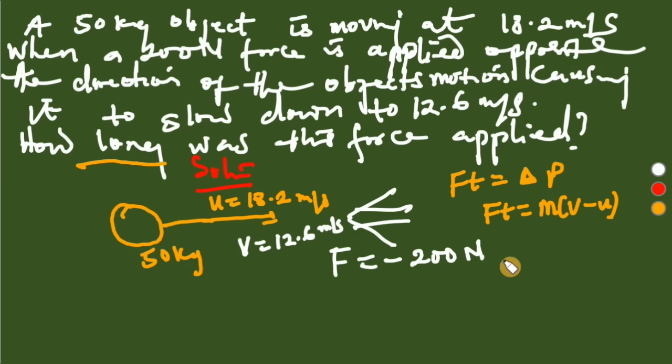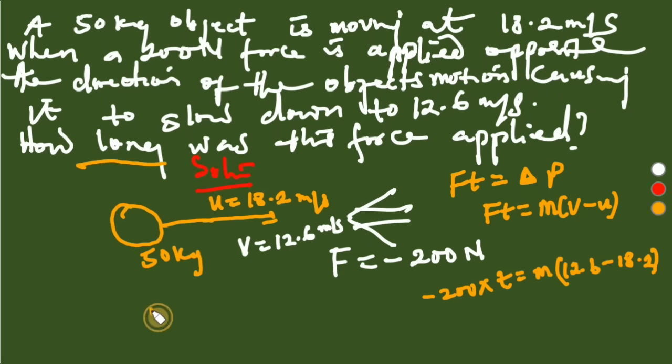Utilizing this formula, F is minus 200, t is the time we are looking for, m is the mass, v is 12.6 and u is 18.2.